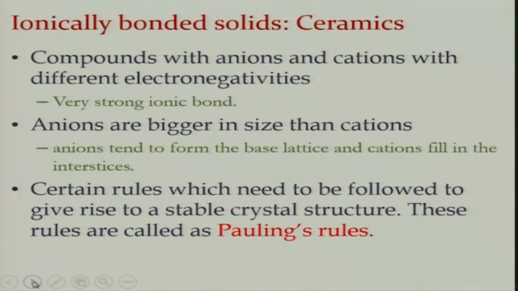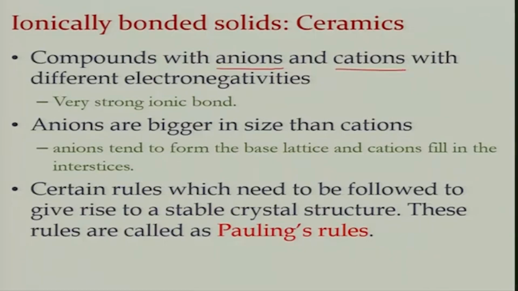So essentially in this class of materials, these are generally compounds made of anions and cations. So you have negatively charged atoms as anions, which are generally oxygen atoms, but it could be other atoms as well, and then cations are present as well to make the compound.